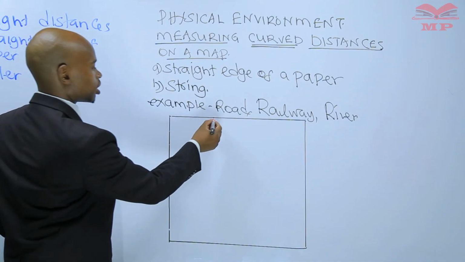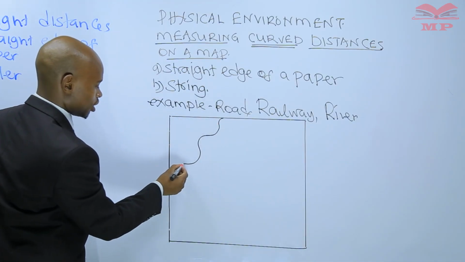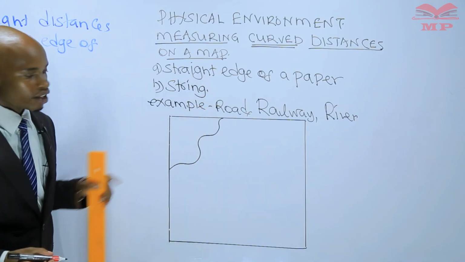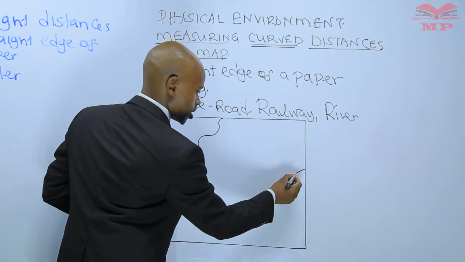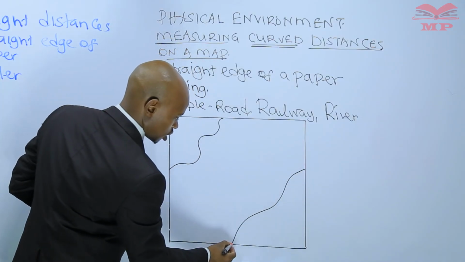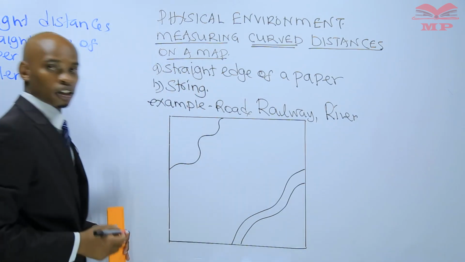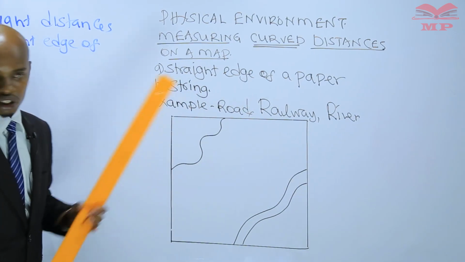For instance, there is a curved river. This is a curved river. This is a curved road.